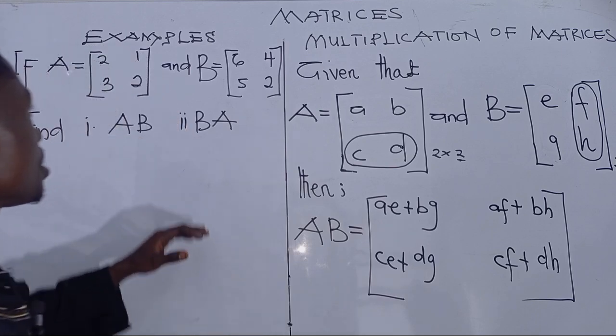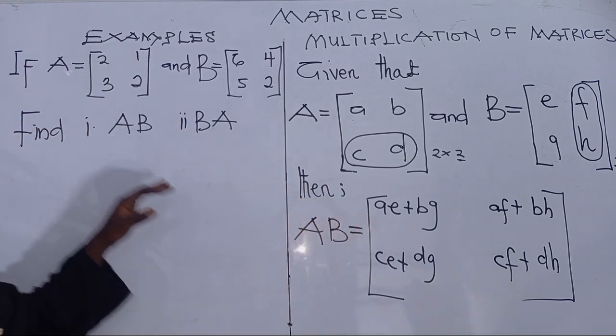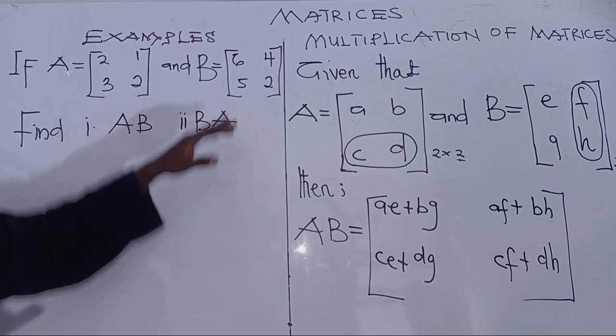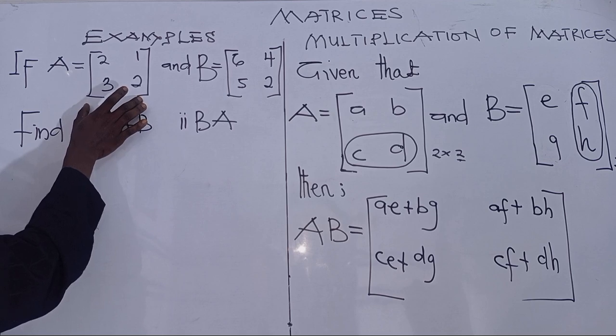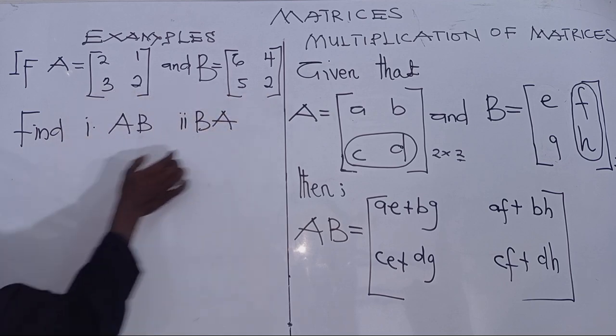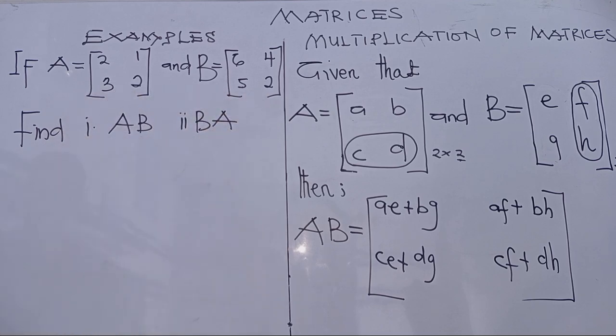So we have an example. Let's see how we can apply this in multiplying these two matrices together. So we have a matrix A which contains these entries, matrix B contains these entries. We want to find AB.